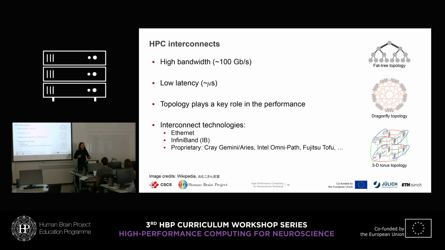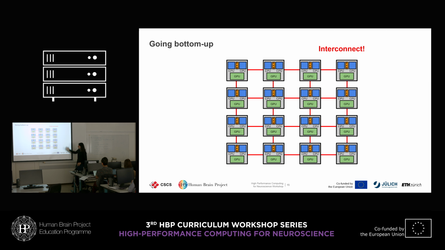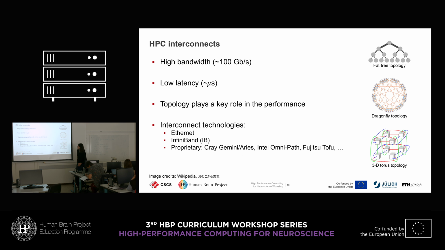Topology is very important, so basically the pattern with which you connect the nodes between them. Here, this is an extremely abstract representation, I just connected them in a square grid. But in reality, systems use either a tree topology, and some designs are based upon very fancy graphs, like dragonfly topologies, torus topologies.